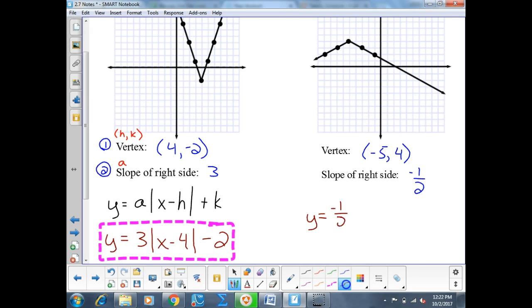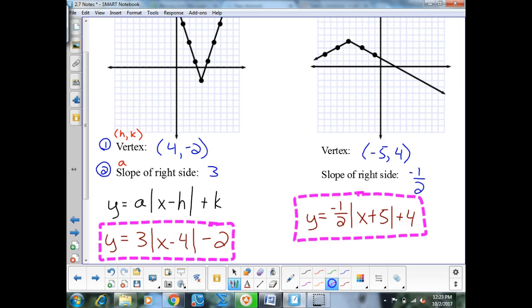Negative 1/2 times the absolute value of x plus 5, because it's x minus negative 5. And then what? Plus 4.